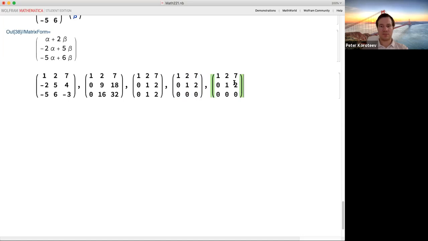So that will give us what? 0 and then 3. Right. Yeah. So from here it follows that indeed it's the first pivot column, second pivot column. So it says that alpha is equal to 3 and beta is equal to 2.